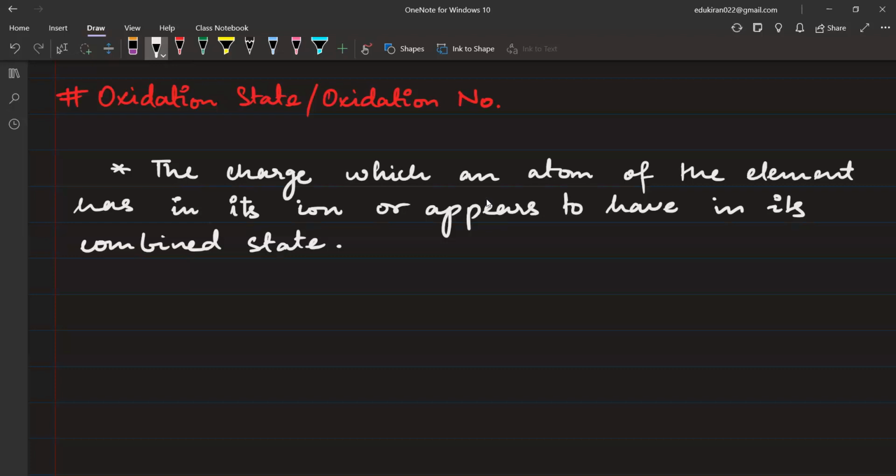Okay. So it appears to have in its combined state, and that means when you have compounds, there will be some charge that it appears to have, and in its ion, there will be a complete charge.